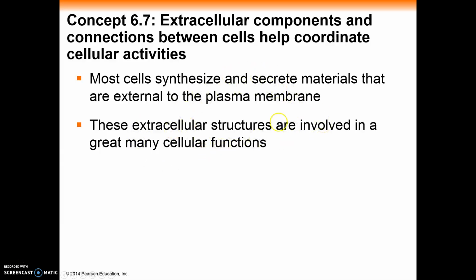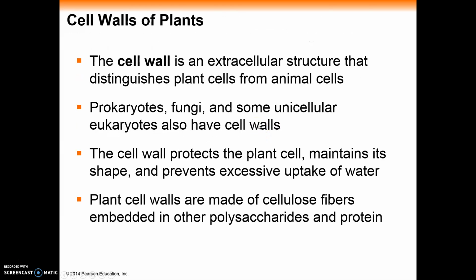Probably the easiest way to think about this is actually what the cell wall is in plants. So many prokaryotes, many fungi, and some unicellular eukaryotes, in addition to plants, all have this very thick, complex extracellular material that we call the cell wall.